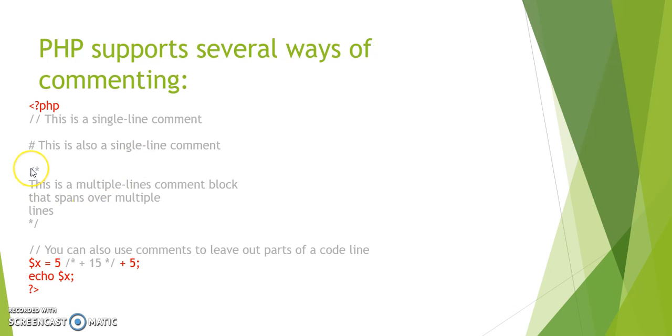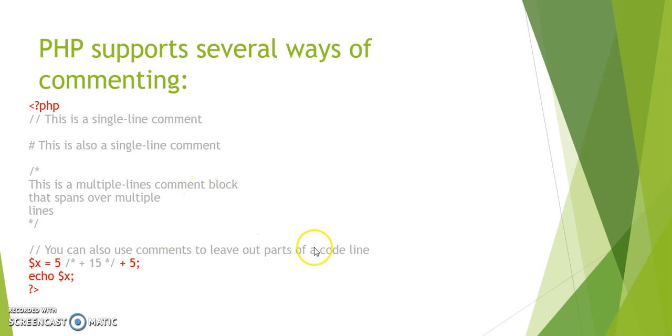And then here we have the forward slash with the asterisk, and we drop whatsoever we want to comment in between the two tags. It begins with forward slash, asterisk, and ends with asterisk, then the forward slash. This is for multiple line comments.